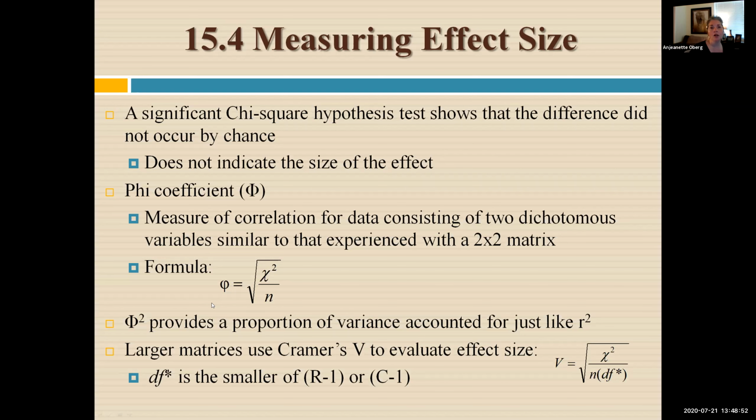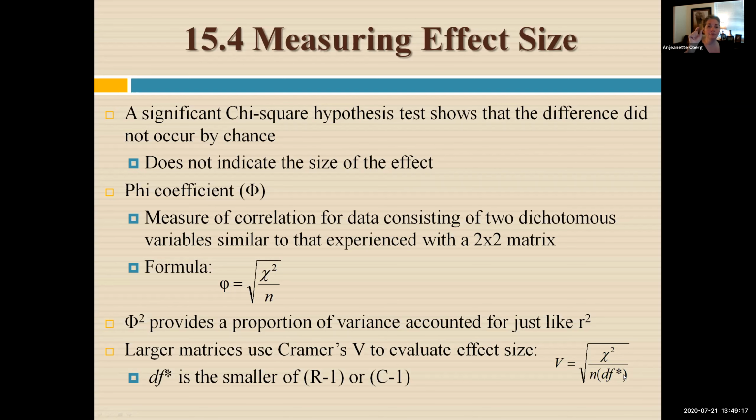This is great for just a small 2x2, but if you have a large matrix with a lot of different rows and columns and more categories, then we're going to use Cramer's V. And the Cramer's V is our chi-square, so that's always your first step, divided by n times degrees of freedom.